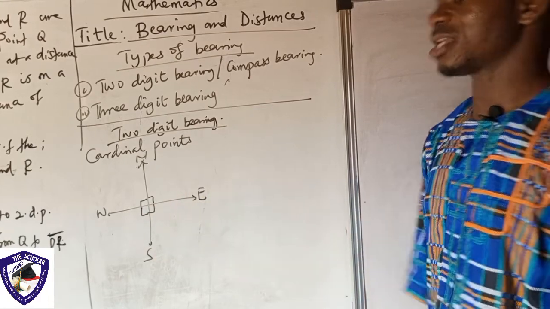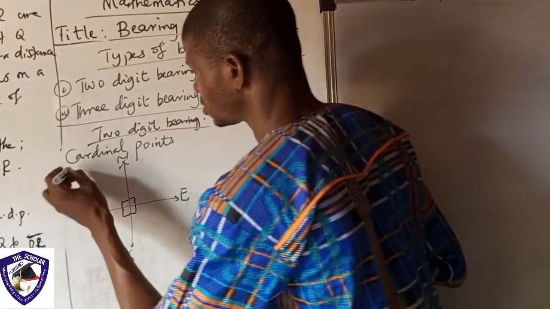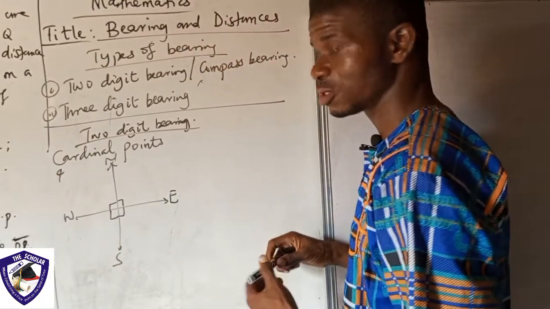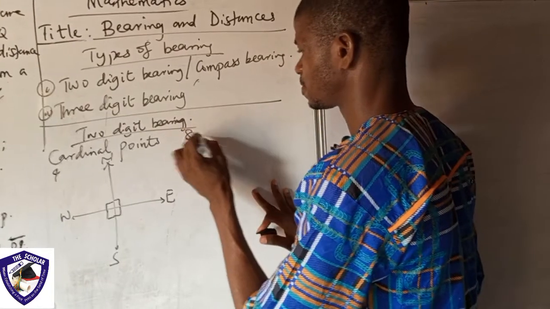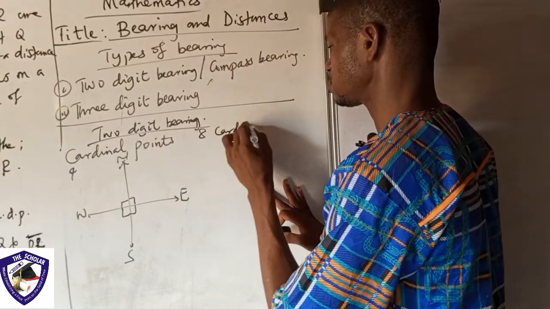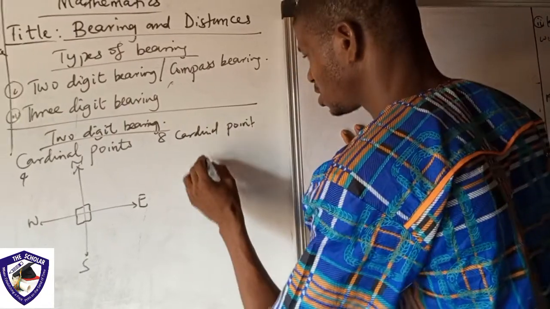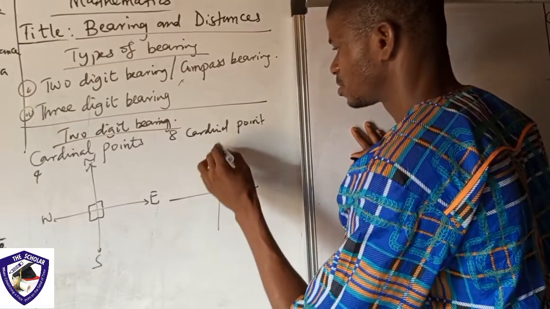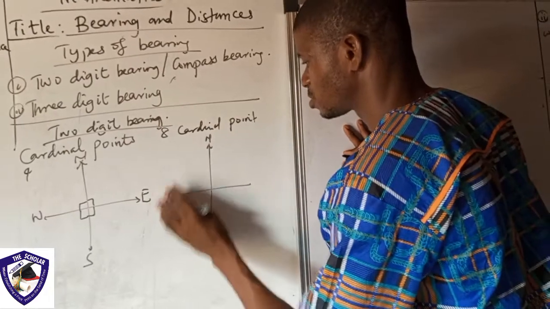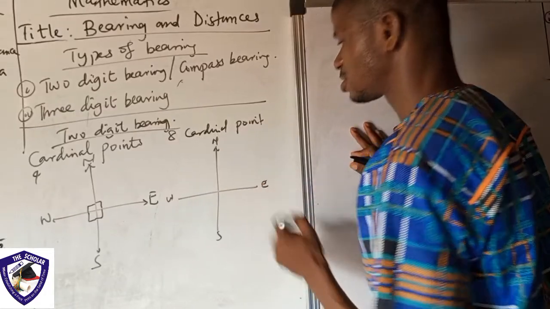These four cardinal points can be further divided into eight cardinal points, just like I have here: north, south, west, and east.